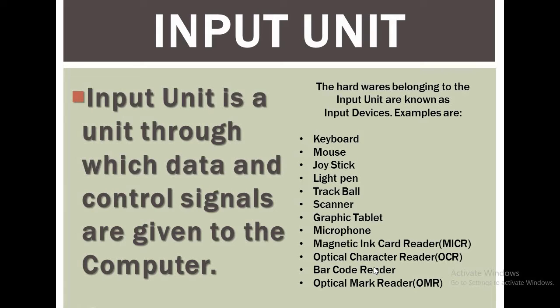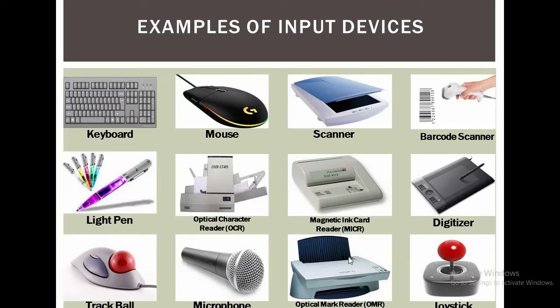So I have been able to include some of the pictures here. If you look at the screen, you will see the keyboard. This is the unit through which we type. You type something, all those alphanumeric keys, you get them through the keyboard. So we have the mouse, we have the scanner, we have the barcode reader.